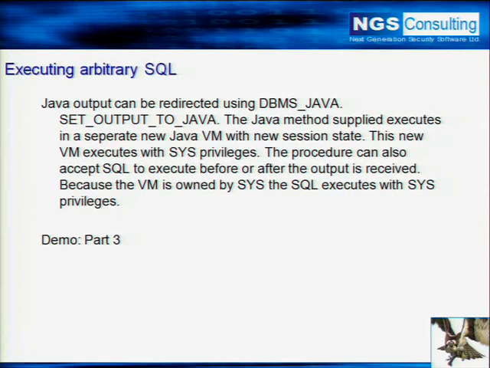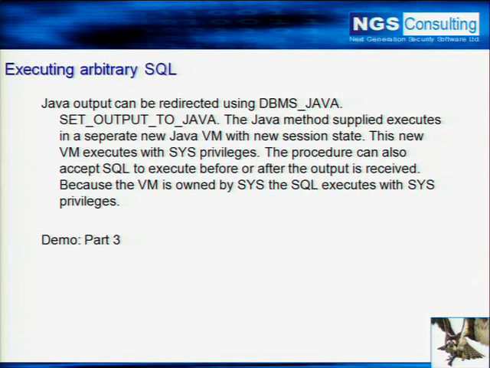If we set the output to another Java session, the Oracle database server kicks off another Java session with a new session state, but it does so with the privileges of the sys user, because sys owns this DBMS_JAVA package. So when this VM executes, it's owned by sys. So anything that happens in that new VM session basically executes with sys privileges.